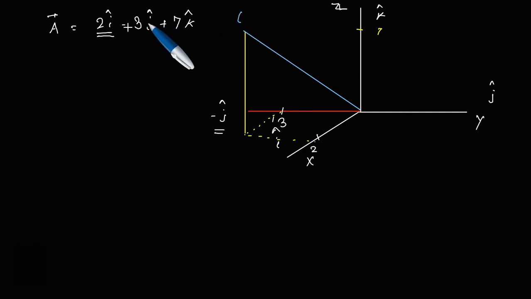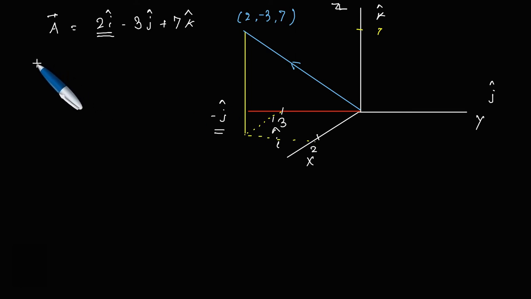So this point is 2, minus 3, 7, and this is our vector 2i cap minus 3j cap plus 7k cap. You can draw any vector with this concept. If you can draw any vector with this concept, then you can write down any concept very clearly. But there is something different here.